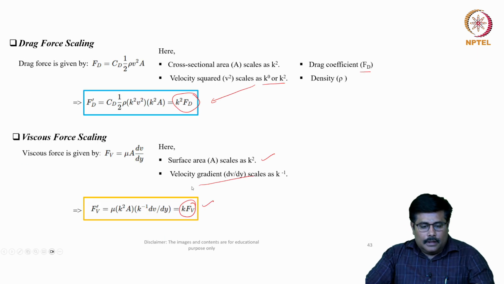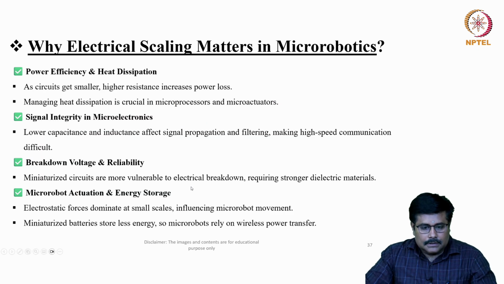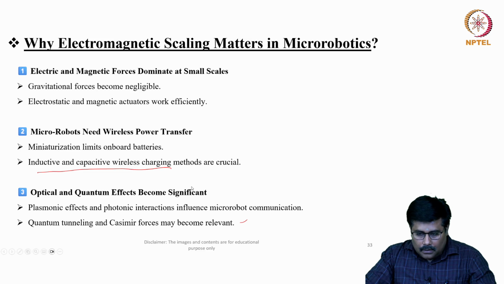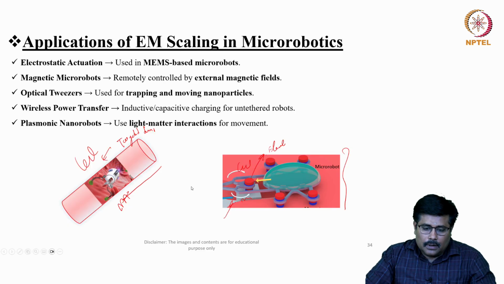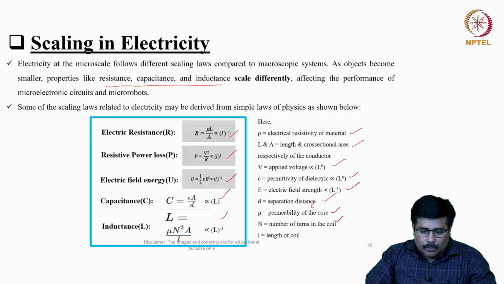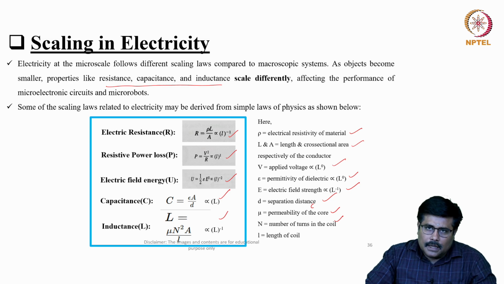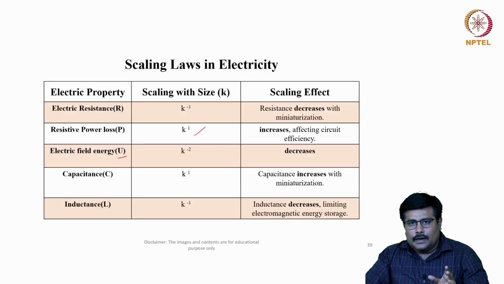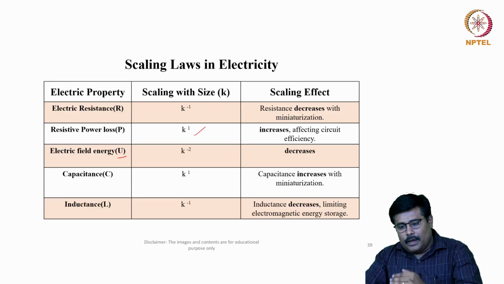So overall, in this module, we discussed the electromagnetic forces and how they contribute. We also had some discussion about adhesion forces, and about the scaling laws of electricity, how different parameters of an electrical system behave at the micron level.